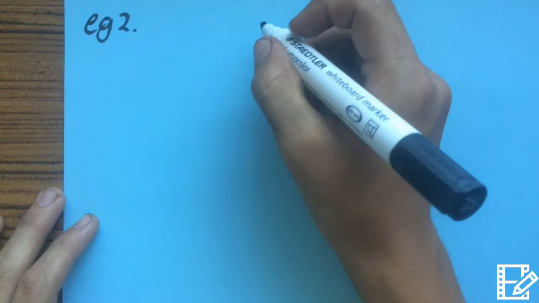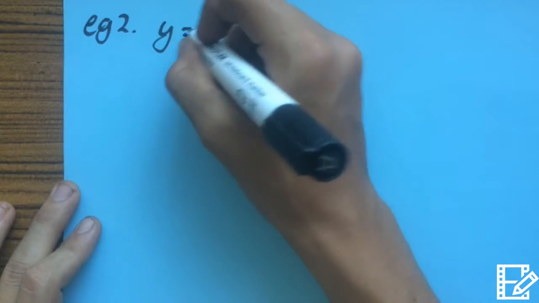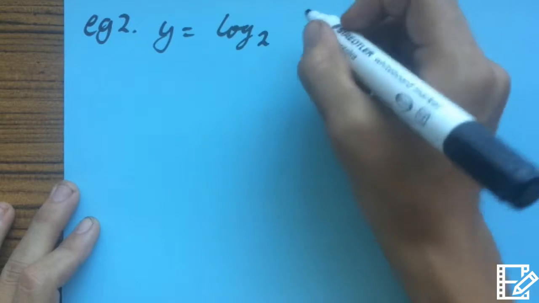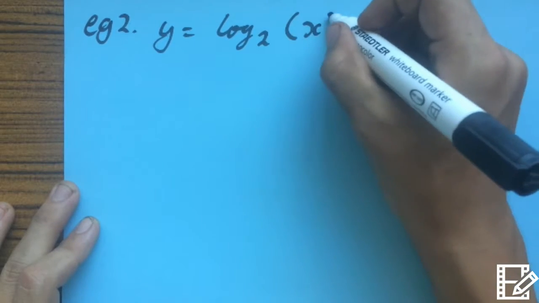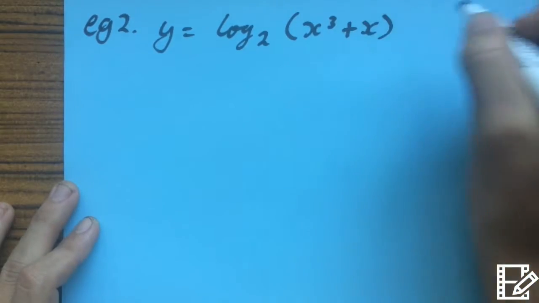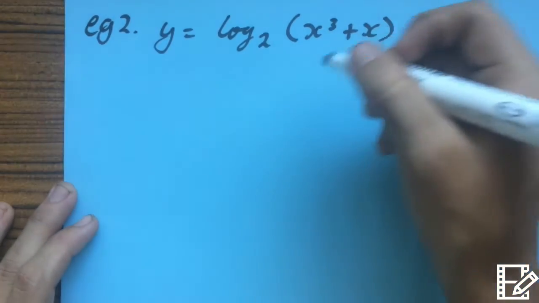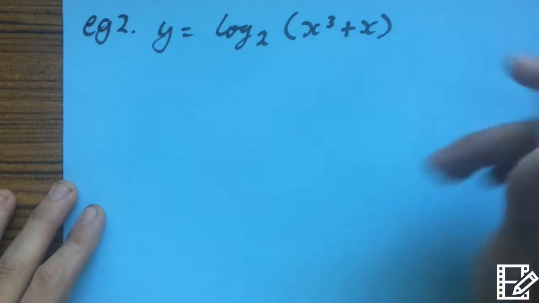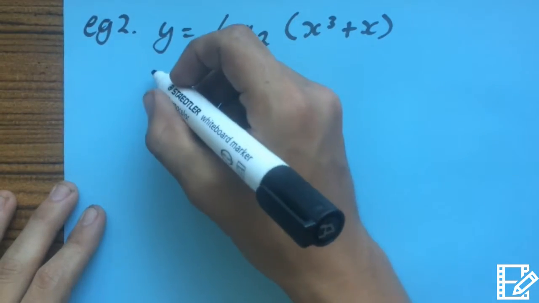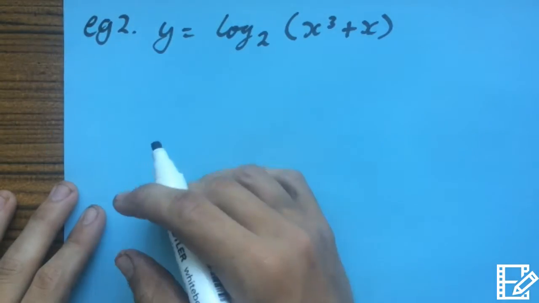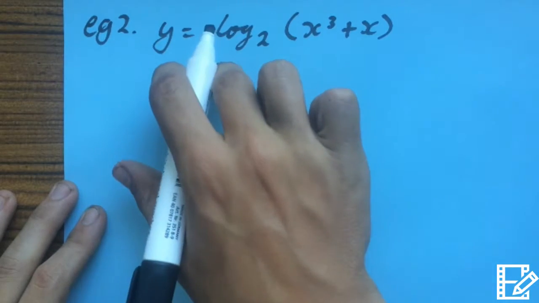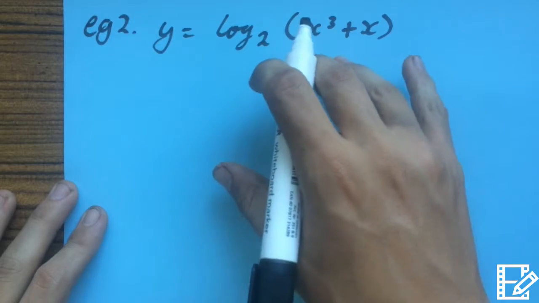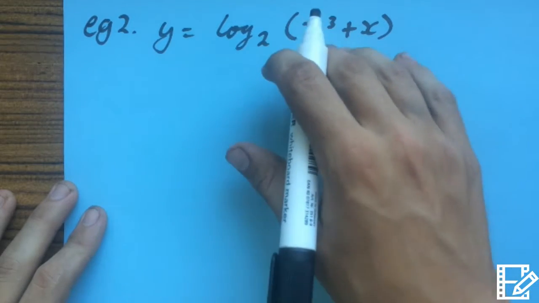Example 2. y equals log to the base of 2, x to the power of 3 plus x. This method, you basically just write it out as you go along. When you do the chain rule, you derive the outside and leave the inside the same, and then you multiply it by the derivative of the inside.